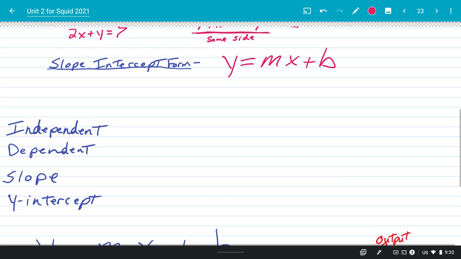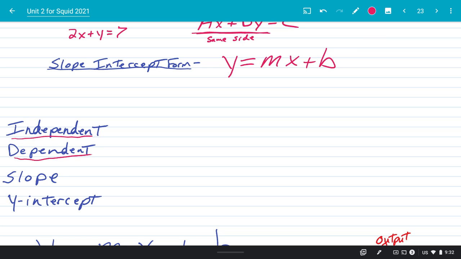In your reading, this unit started talking about two new words, and that's independent and dependent variables. The independent variable is the one that stands alone. We already know that the independent variable is the x. Yeah, it's the x.